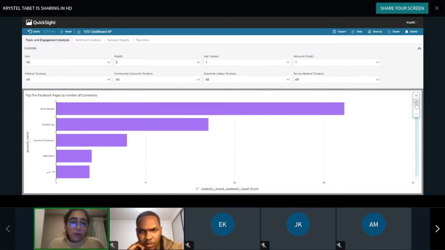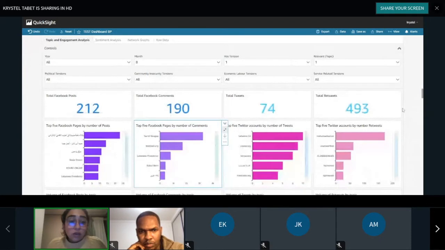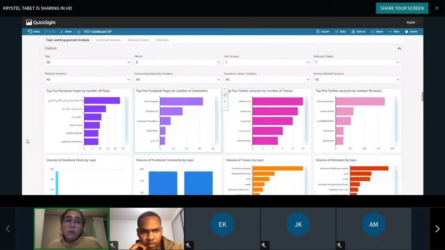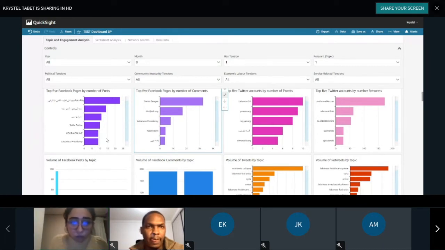We also saw, and I'm going to share some analysis, that Samir Geagea is probably the only page that is very strongly attacked or visited by commenters from other camps, as opposed to other politicians in Lebanon.